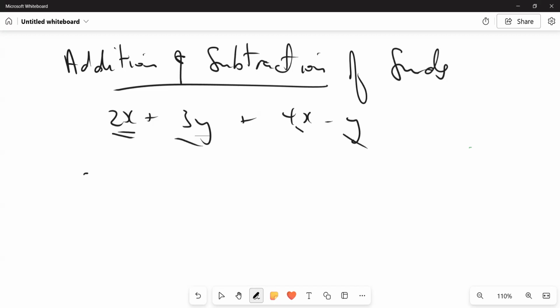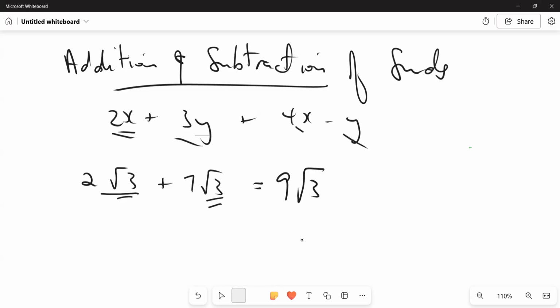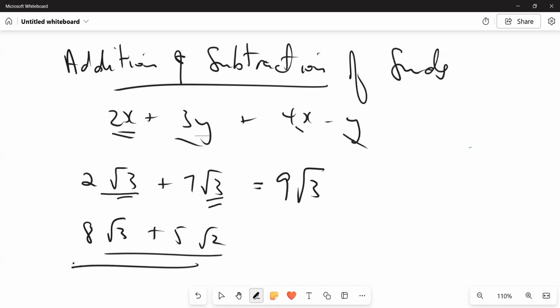If you have 2 root 3 plus 7 root 3, because they both have a common surd inside, you can add this and say you have 9 root 3. But if you have 8 root 3 plus 5 root 2, you can't do anything else with it, because they're different. There isn't a common surd there.